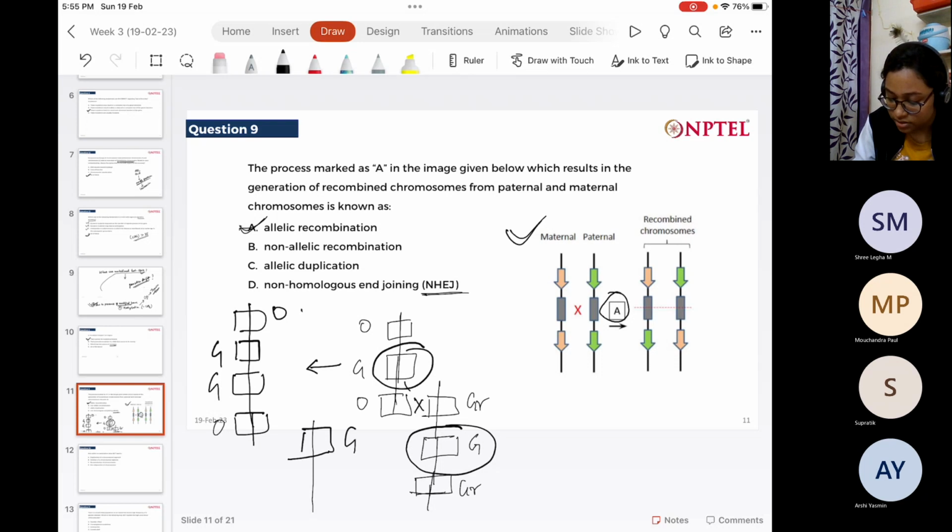Here green is there, sorry, here it will be orange and here it will be green. So it will combine like this, right? O, G, here the green is there, and this is green and this is another green.